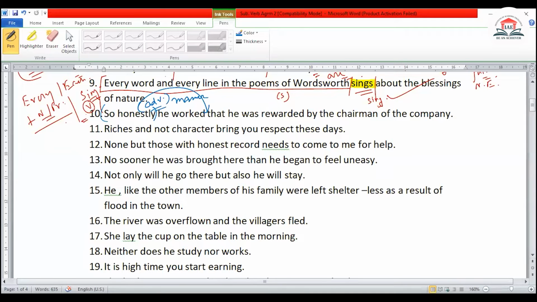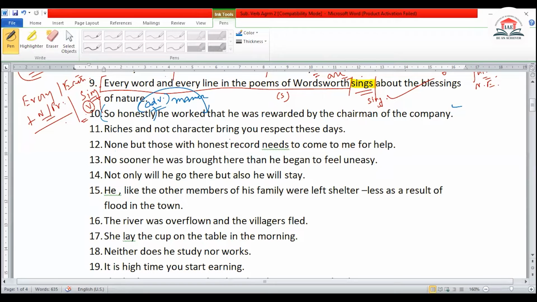He worked so honestly. She is walking swiftly, not she is swiftly walking. So the ideal placement is: an adverb of manner should be placed after the verb which it qualifies. He worked so honestly that he was rewarded by the chairman of the company. Okay, fine. Now come to the next one.